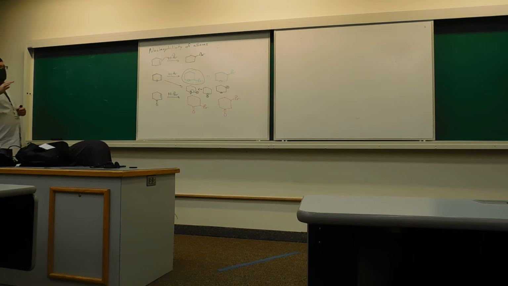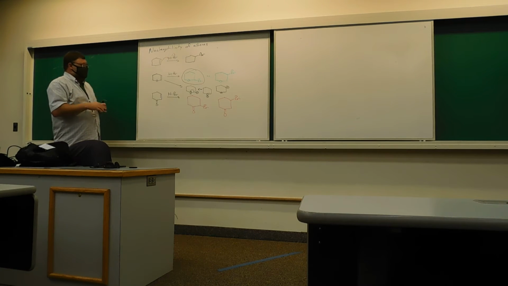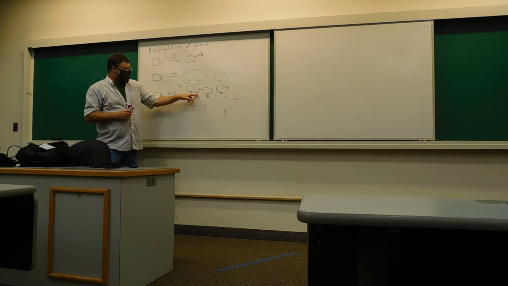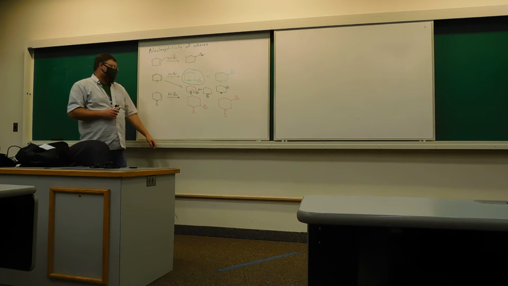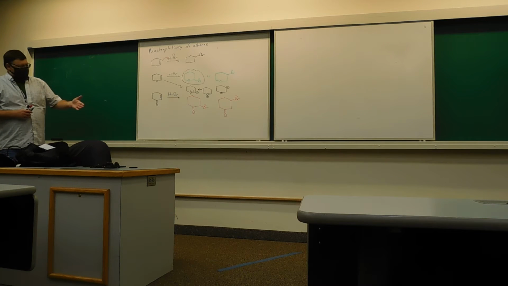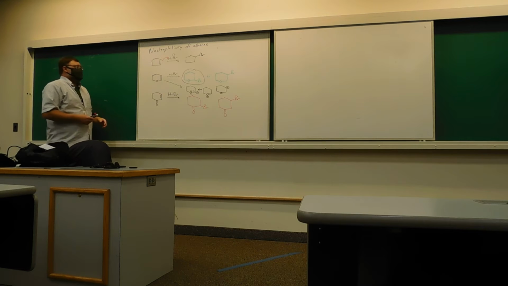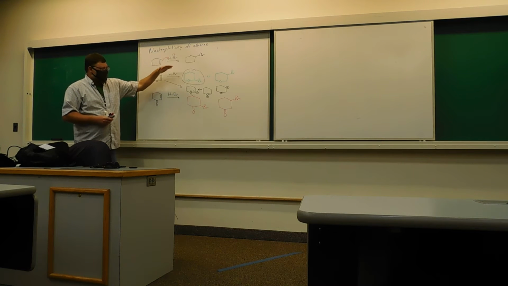The carbon and the oxygen are trigonal planar. Obviously the carbon is going to be, but the oxygen is too. The lone pair sticks right down. All right. So you're going to get one product there.